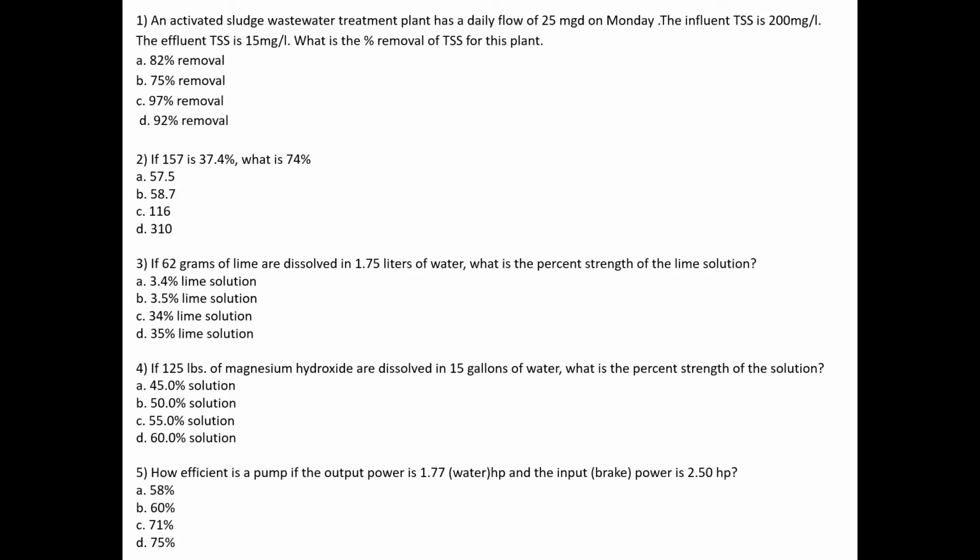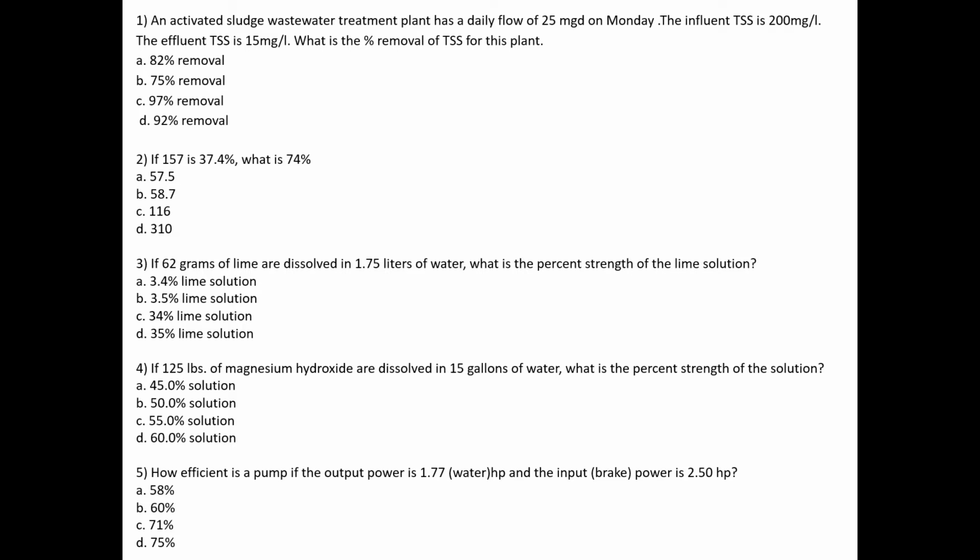I will explain. So it says if 62 grams of lime are dissolved into 1.75 liters of water, what is the percent strength of the lime solution? I'll read it again. If 62 grams of lime are dissolved in 1.75 liters of water, what is the percent strength of the lime solution?